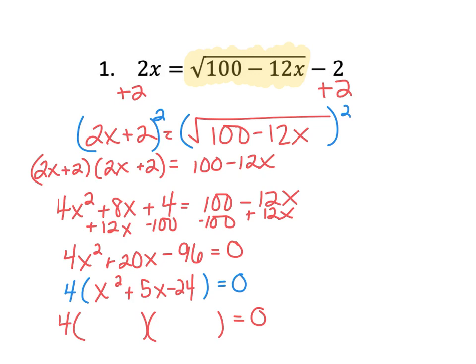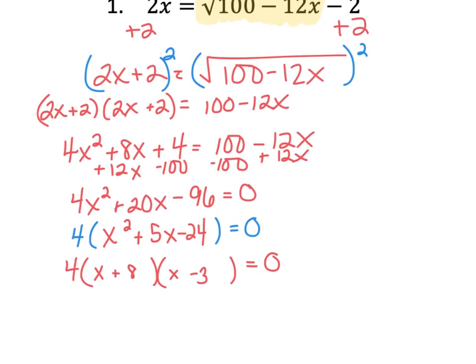So I'm going to do x plus 8 times x minus 3. That would multiply to negative 24, and it would add to 5. So then I apply the zero product property, which says x plus 8 equals 0, or x minus 3 equals 0. So I solve each of these, which produces x equals negative 8, or x equals 3.